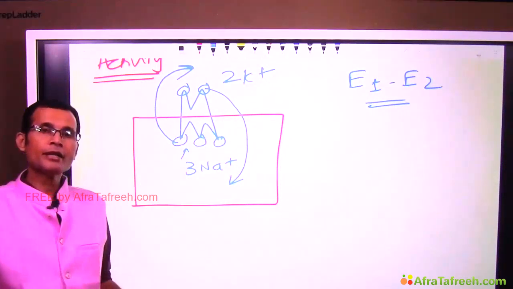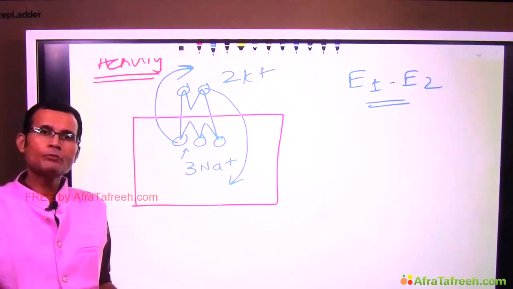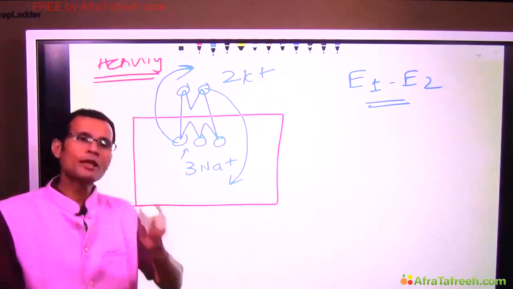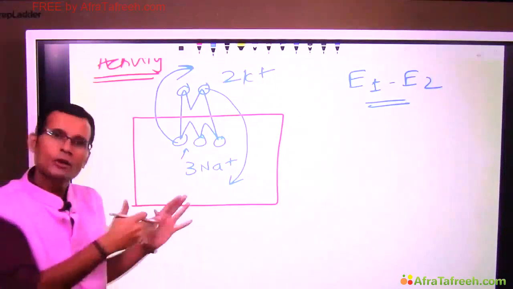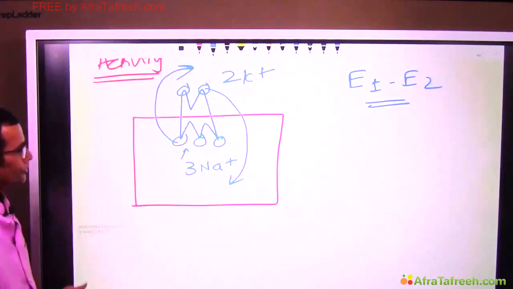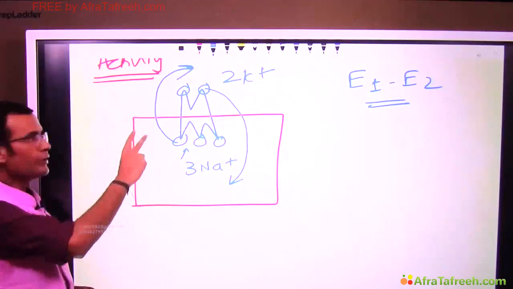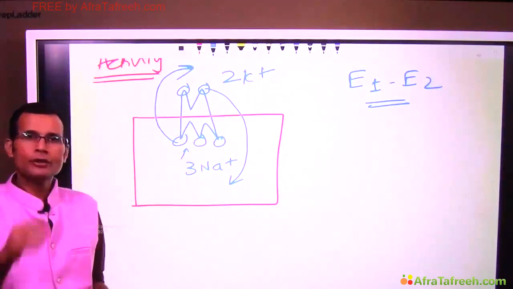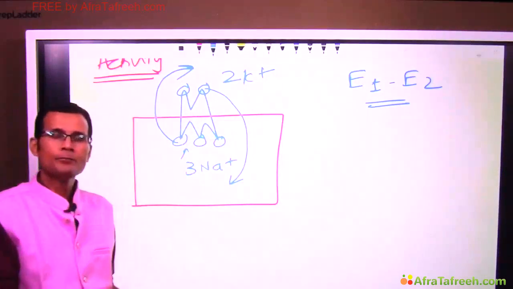Remember, in the secondary active transport, as in antiport or exchange, one was sodium, which was going from high to low, and only the other substance was going low to high. Here both substances are going low to high concentration. Right. So 3 sodium ions from inside to outside, 2 potassium ions from outside to inside.